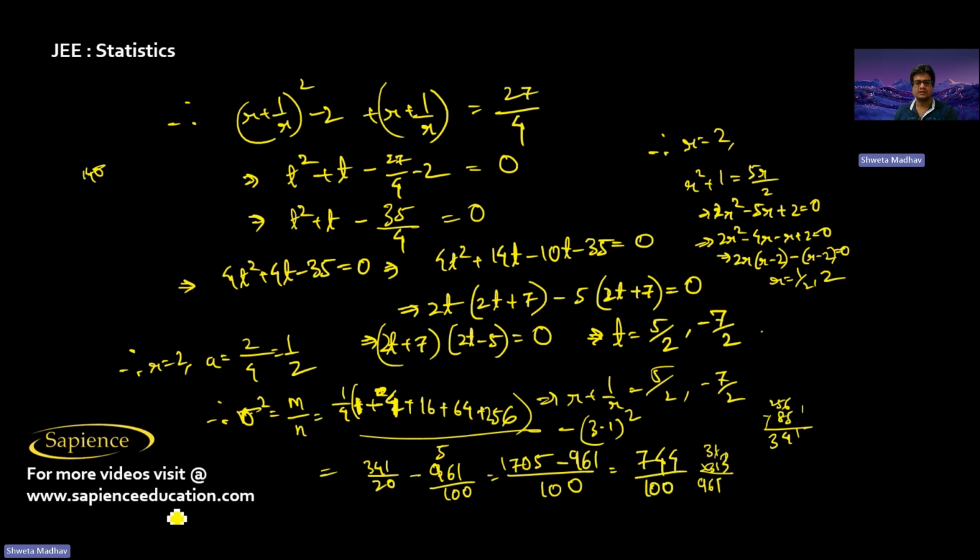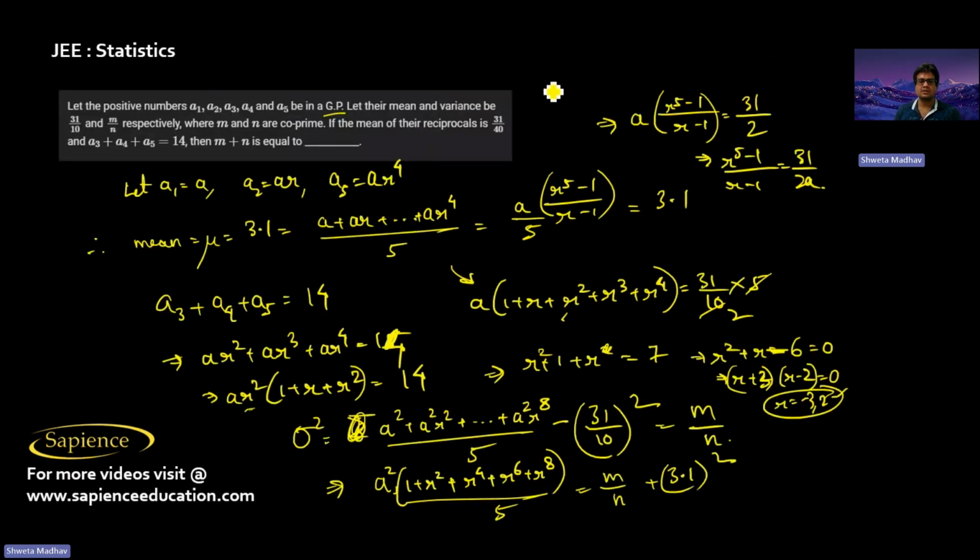Then we have to simplify it. The form is m by n. So I can cancel 4 from 744 and 100. 4 ones are 4, 4 eights are 32, 4 sixes are 24. So it is 186 by 25, which is m by n. Since 186 and 25 are co-prime, m is 186 and n is 25.